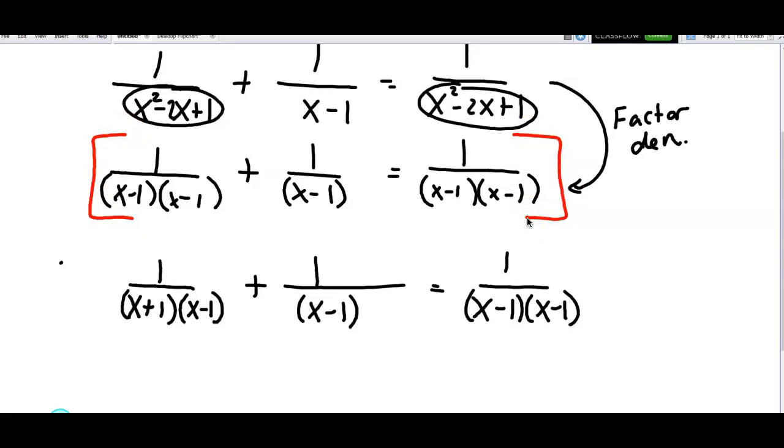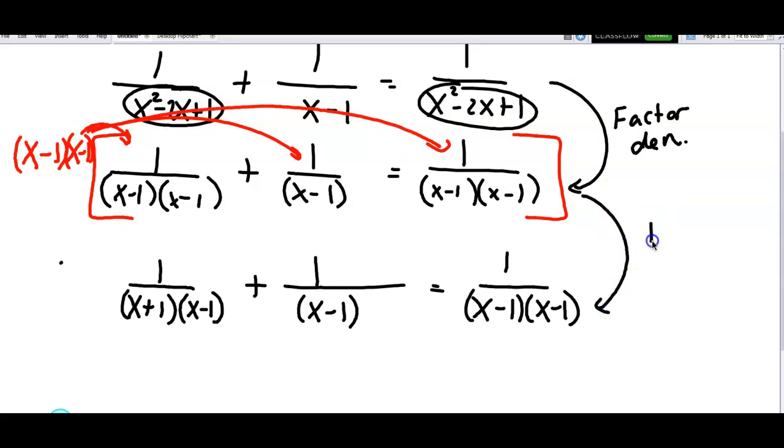Well, I want to multiply by x minus 1, right? But some of them have 2 of those, right? So I need to multiply by x minus 1 twice. So I'm going to put 2 x minus 1s on the top of each fraction. Because our goal is that now we want to multiply to cancel, right? Multiply to cancel.